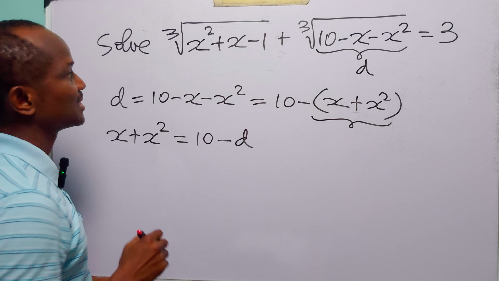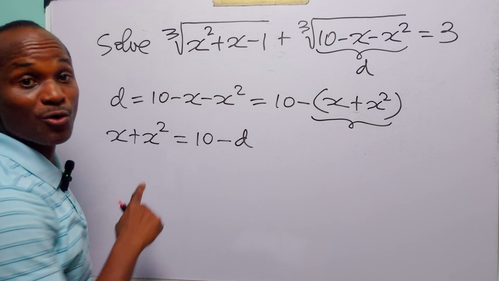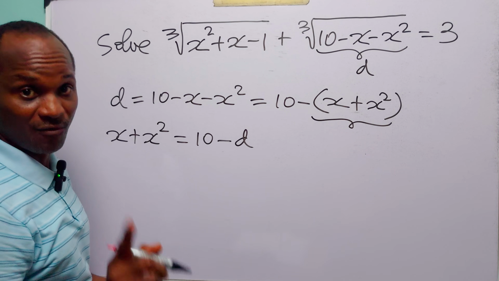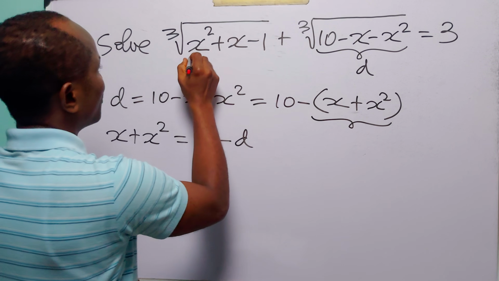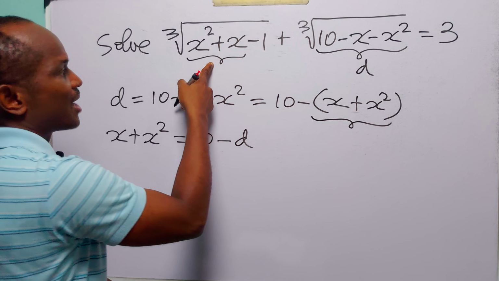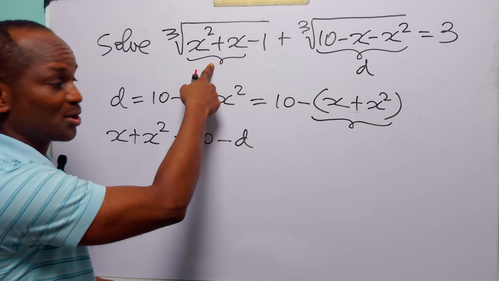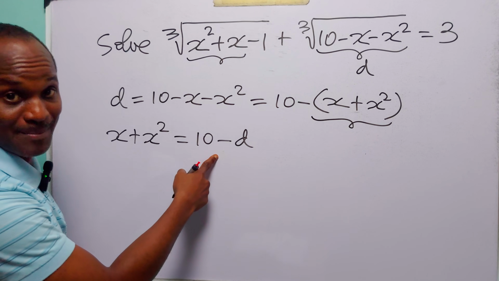Now, what we are going to do is rewrite the entire original equation in terms of d. Under this cube root, we are going to replace x squared plus x by 10 minus d.